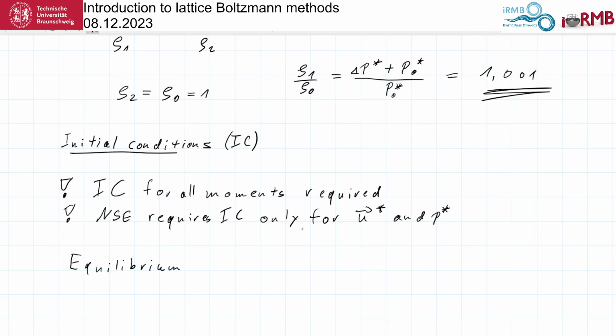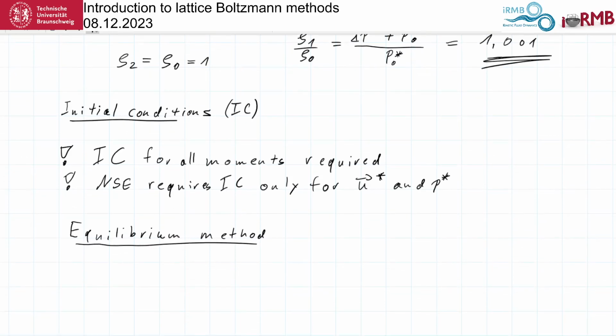One, which is often used, for example, also in our tool, or toy, whatever you want to call it, is the equilibrium method. Let's say there is given a u of x at time 0 and a rho of x at time 0.